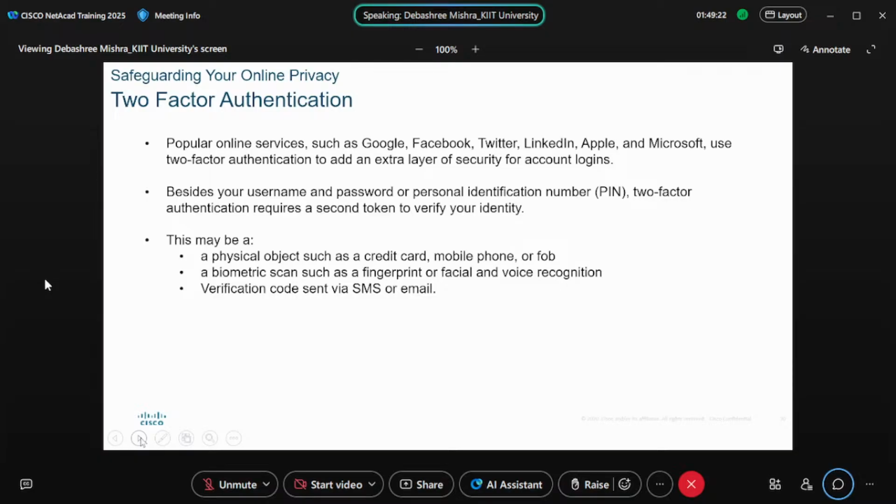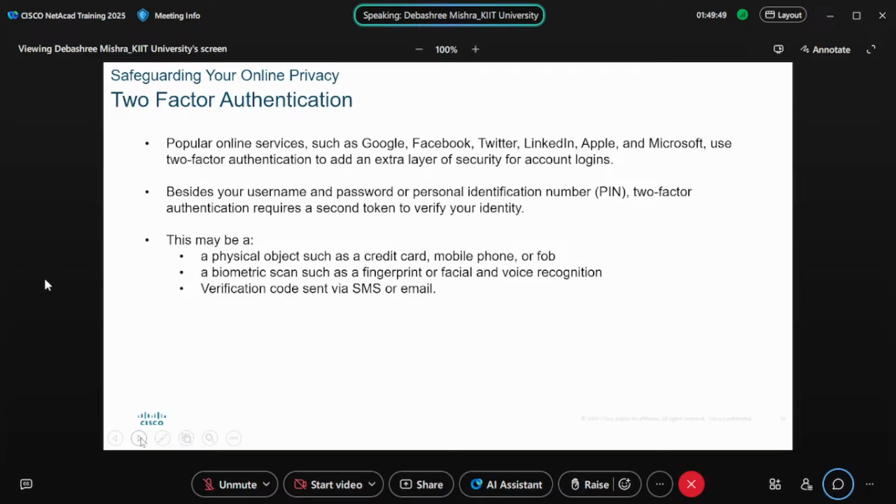Everybody nowadays, when logging into a Gmail account, I think most of you have two-factor authentication. Now, what does two-factor authentication give? Basically, it adds an extra layer of security for your account login, whether you are logging into an email account, a device, credit cards, the mobile phone, or anything like that.